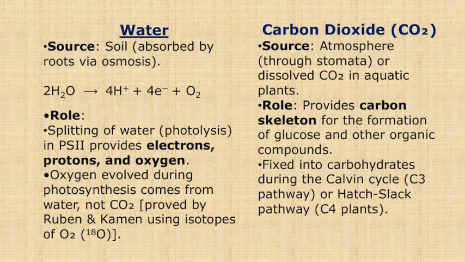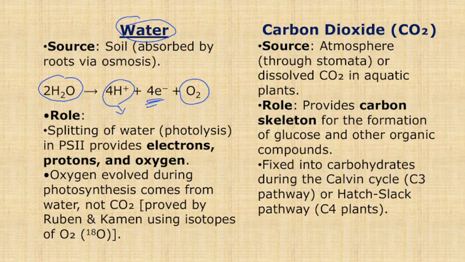So if we talk about the raw materials of photosynthesis, we know that water is very much essential for photosynthesis, which provides the electron for the photosynthesis energy transfer molecule. If we break down 2H2O, we will get 4 protons that will be storing the energy initially, and the electron will transfer the energy that was captured by the pigment molecules, and O2 will be released as a byproduct.